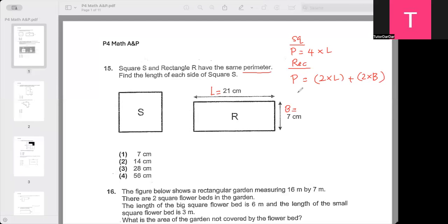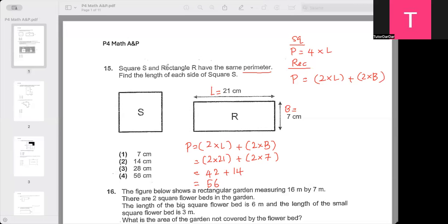So we can find the perimeter of this rectangle first. 2 times L plus 2 times B. So let's substitute. 2 times L is 21 plus 2 times B is 7. 2 times 21, you will get 42, plus 2 times 7, you get 14. So you will get 56.